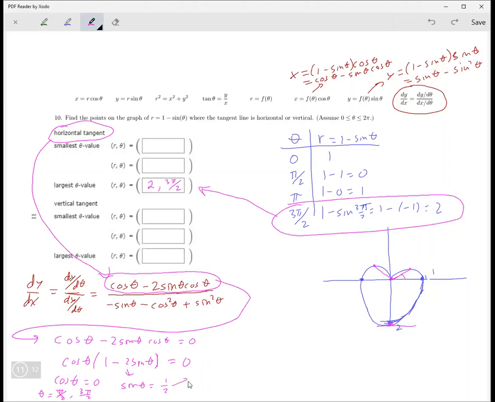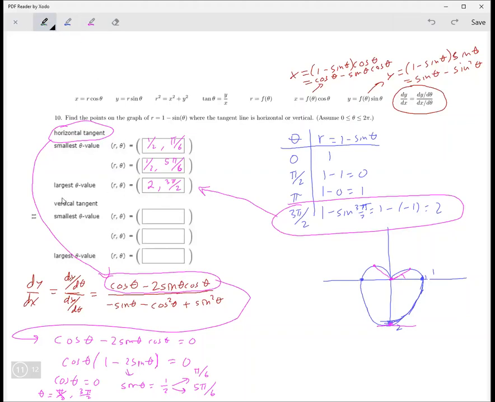And then these two values are going to be pi over 6 and 5 pi over 6. That's where the sine is 1/2. And when the sine is half, this is going to be a half. So these are each going to be 1/2, pi over 6, and then 1/2, 5 pi over 6. Okay.